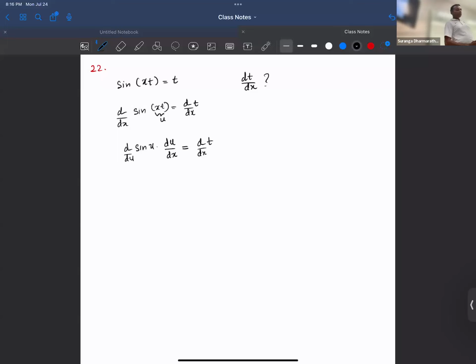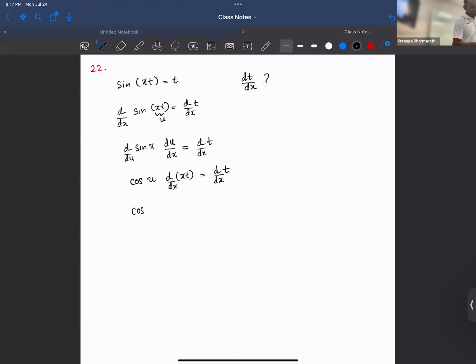So d over du of sine u is what? Cosine u, right? And d over dx of u is d over dx of xt, equal to d over dx of t. Now what is cosine u?